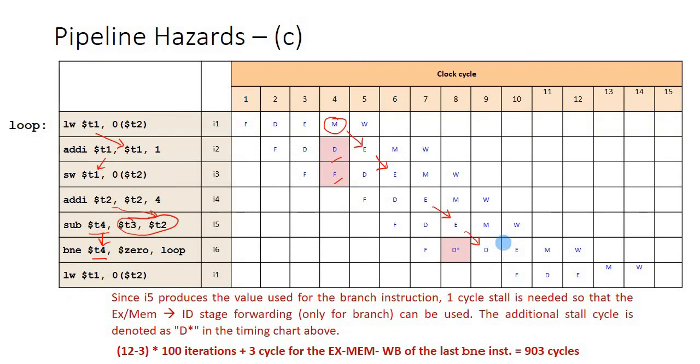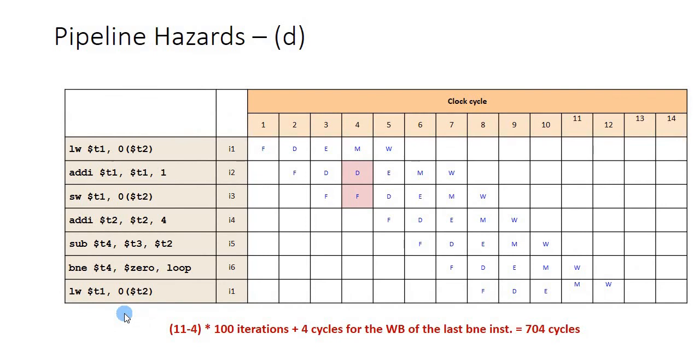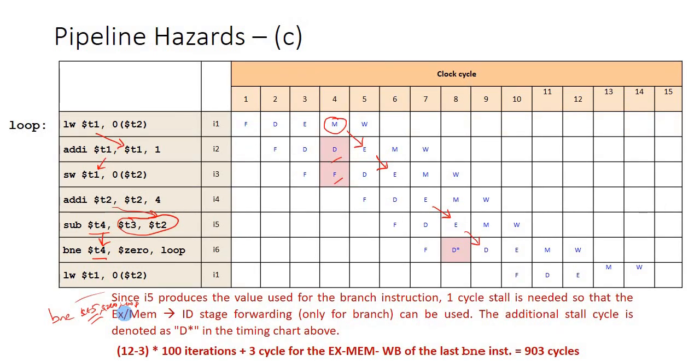Again, rightfully, if instead of it being T4, if it was T5, for example, if it was a BNE with T5, 0 and loop, then T5 has no dependency on the earlier equation, so in that case we would not have had to do this stall over here.